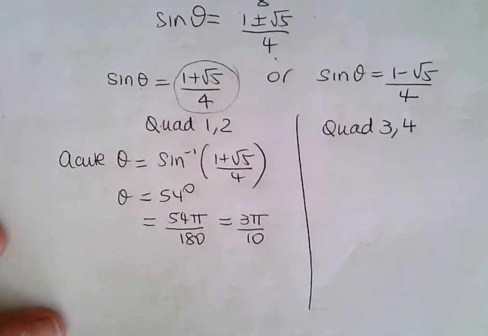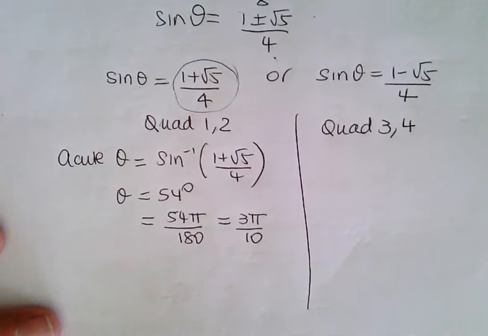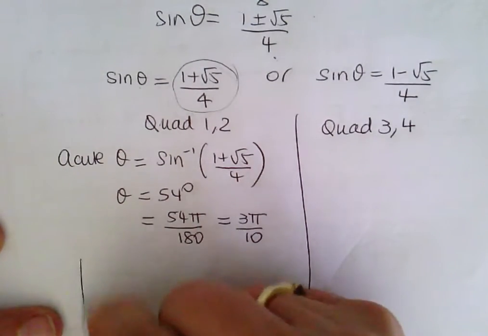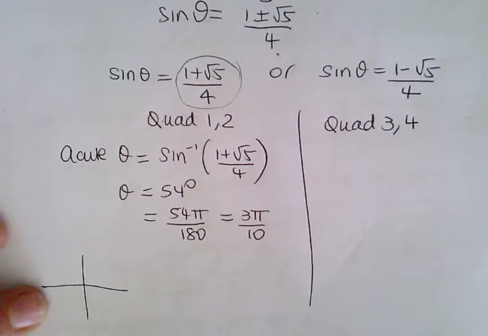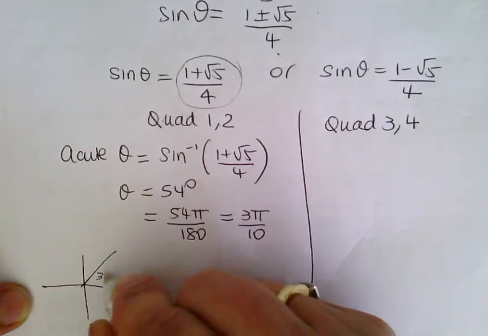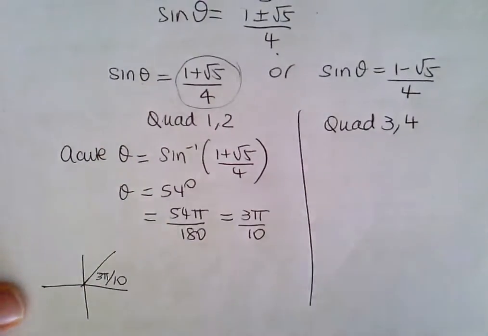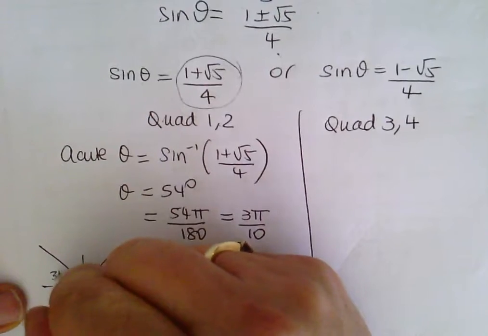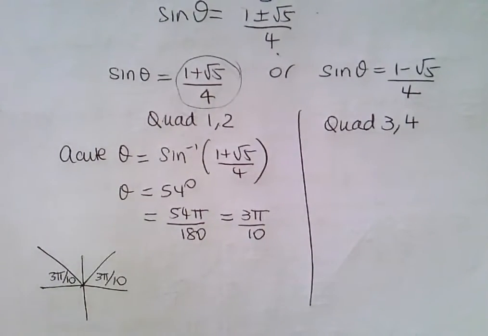Beautiful. So let's do our solutions, just up to 360, 0 to 2 pi. 3 pi on 10.